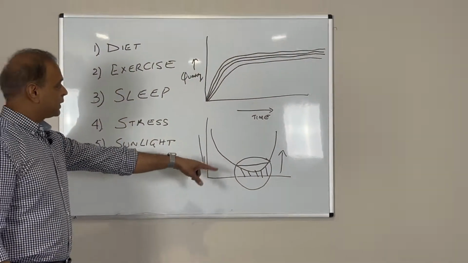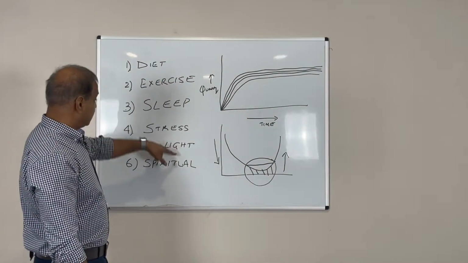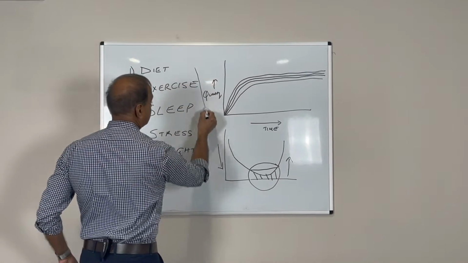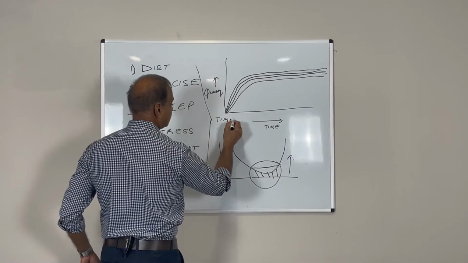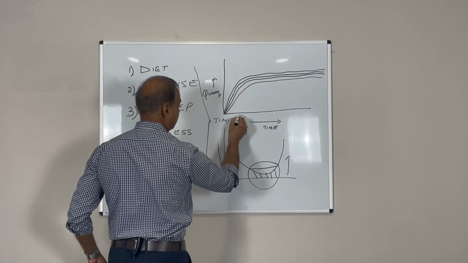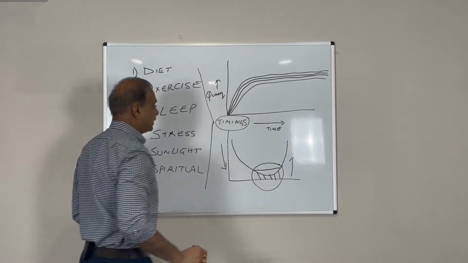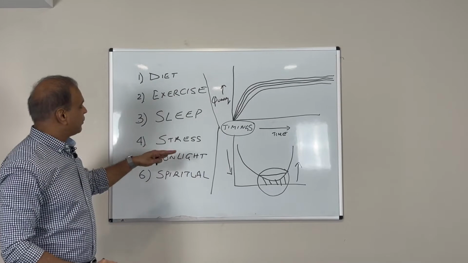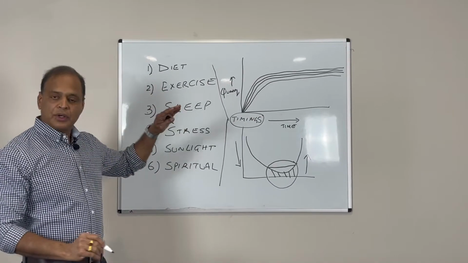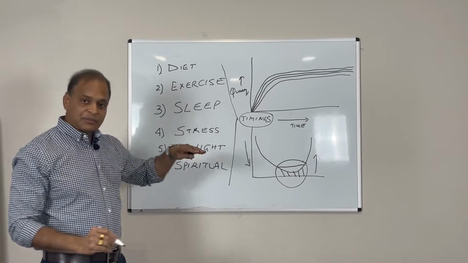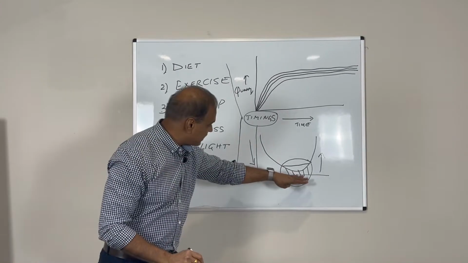So one of the important things that works for this is that everything here is about timings, which is the rhythms that we follow in our body. So the most important thing for any of these things when you apply is that too much of anything or too little of anything is the problem. So there's always a sweet spot.